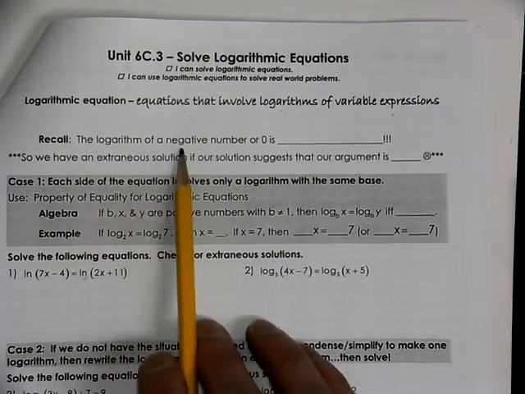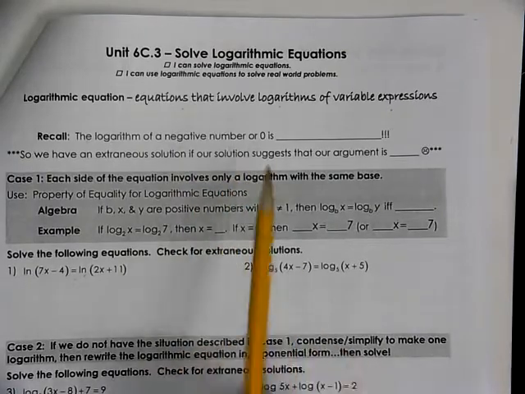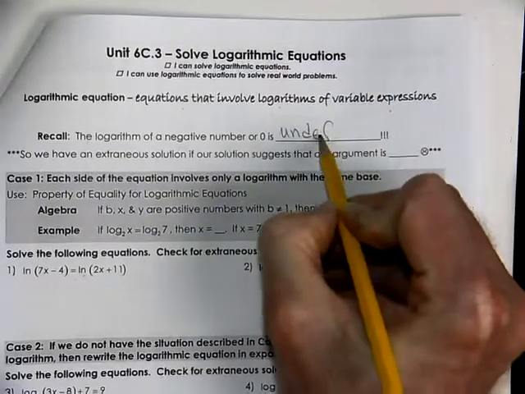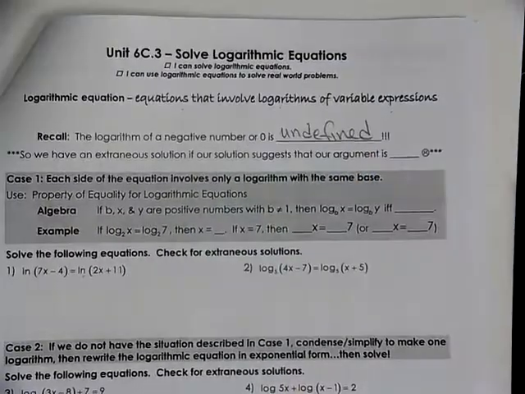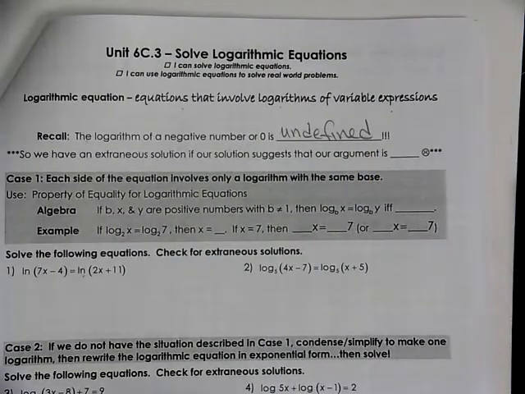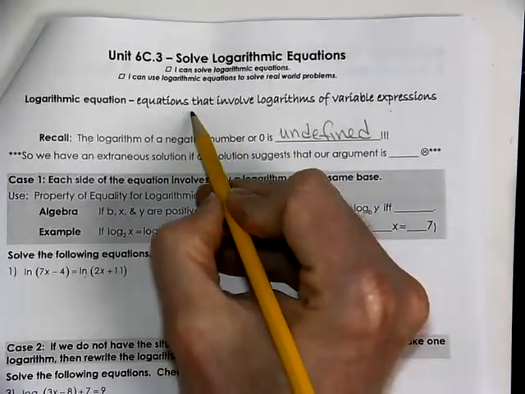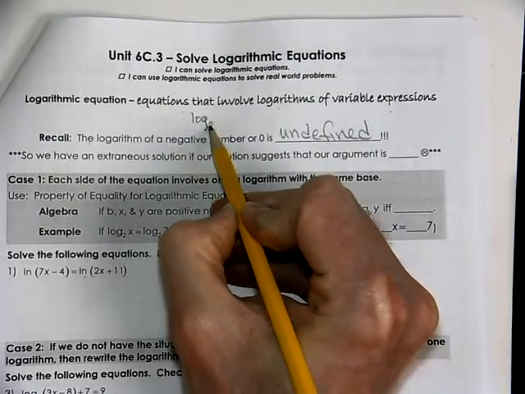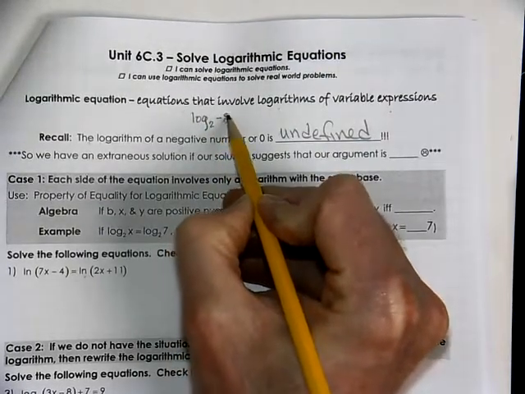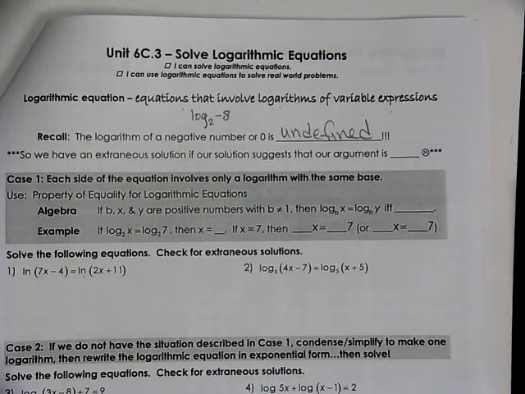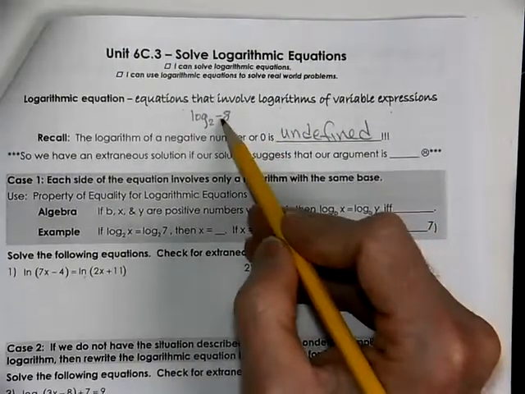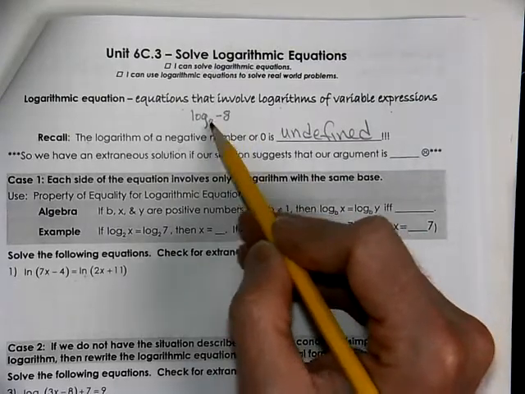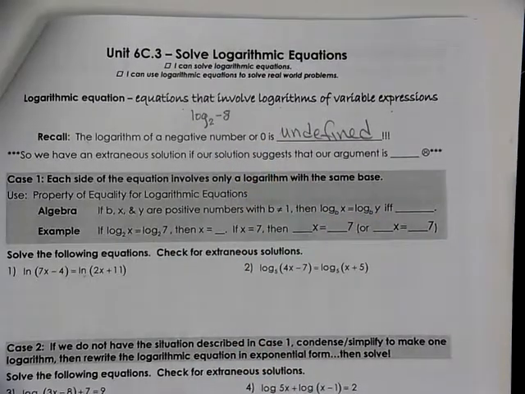The logarithm of a negative number or of 0 is undefined. So what that means is you can't take the log of negative 8, because 2 to no power equals negative 8, even with base 2.